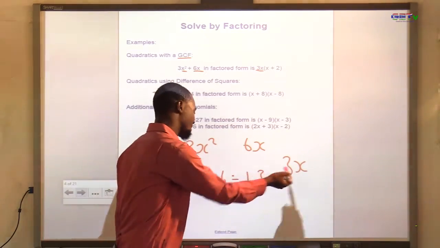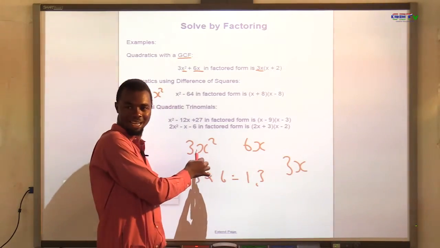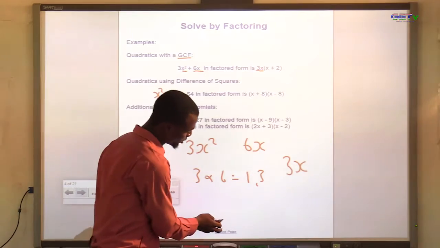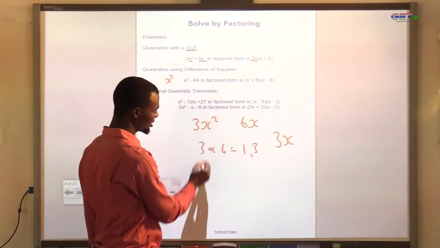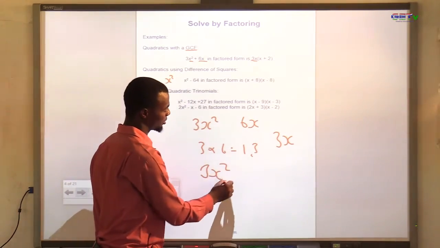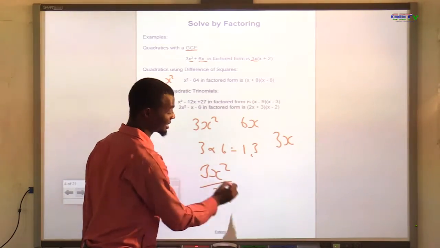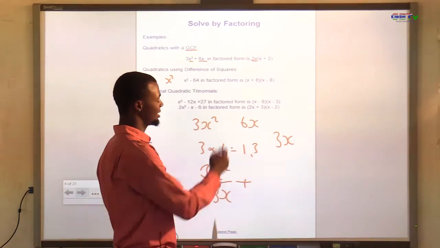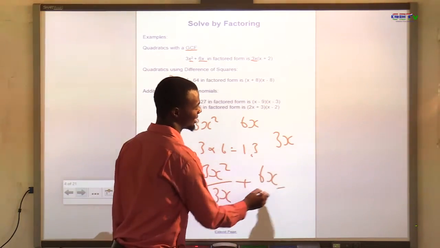We will use 3x to divide this one, and we divide this other one with 3x. Now if you go, you will have 3x squared divided by 3x, and the sign in between is plus. Then the next one is 6x divided by 3x.